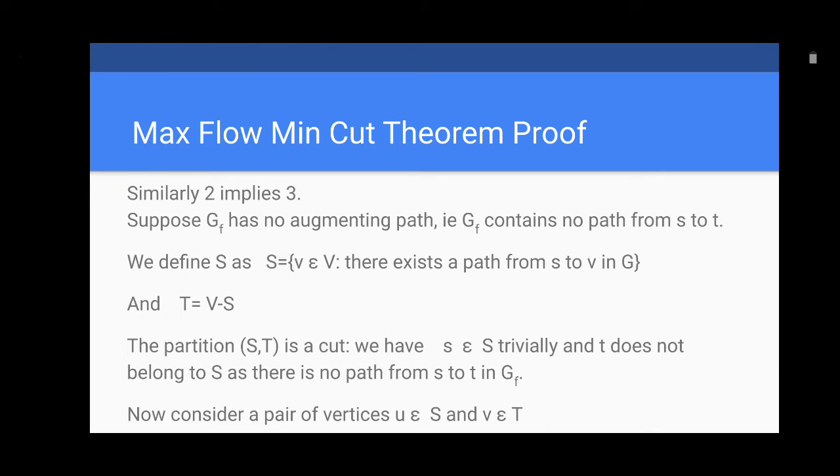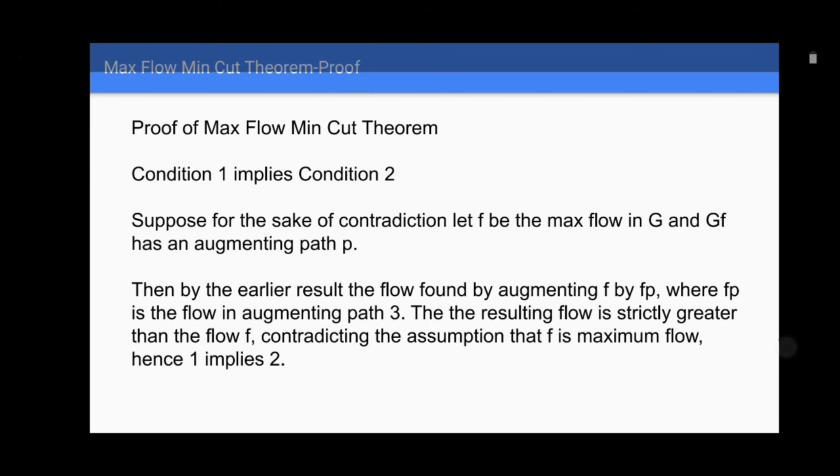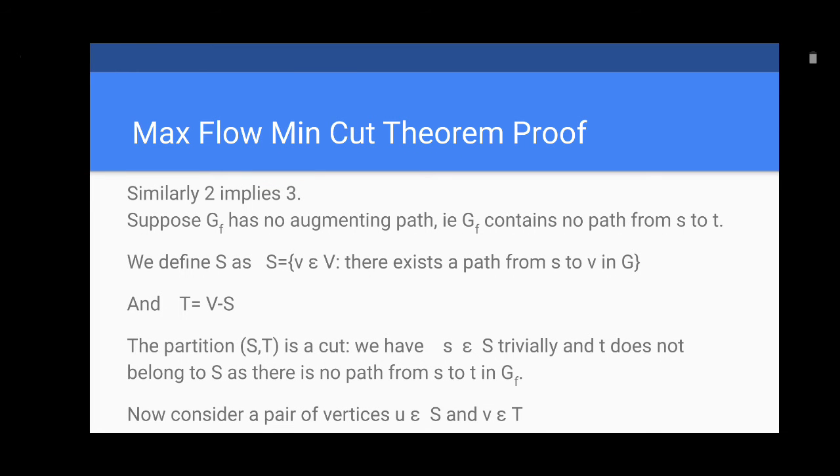Now similarly, we need to prove that condition 2 implies condition 3. What does it mean? Condition 2 is the residual network Gf contains no augmenting paths, which implies that the flow is equal to the capacity of some cut (S, T). How do you prove that? Suppose Gf has no augmenting path, that is, Gf contains no path from s to t.